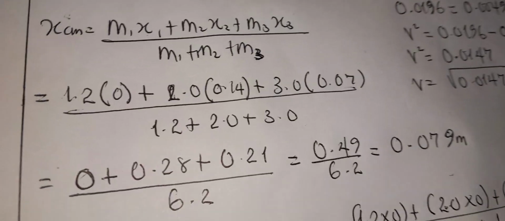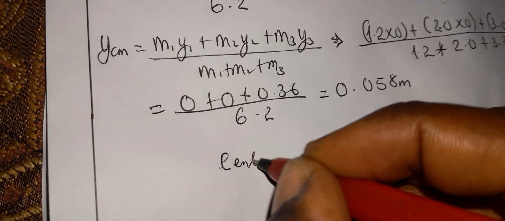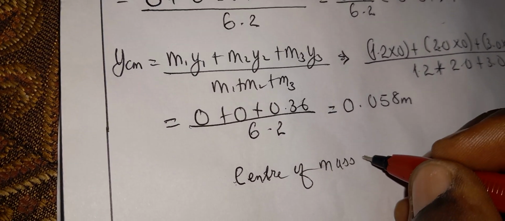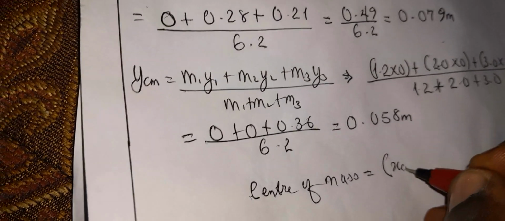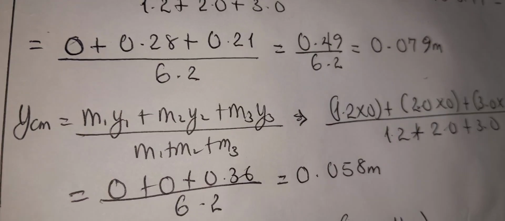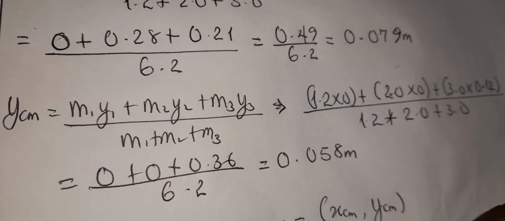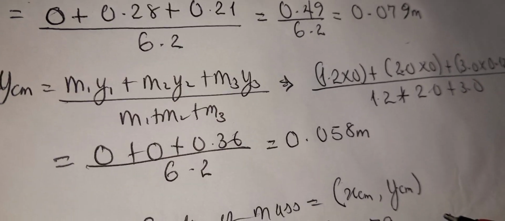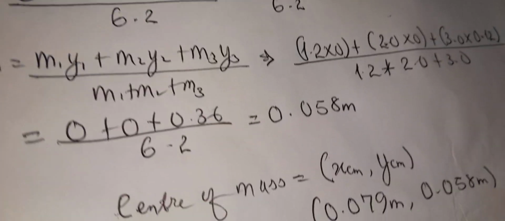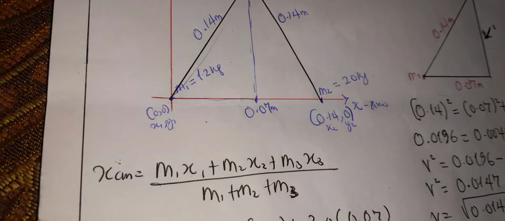So it means that the center of mass, the xcm, comma ycm, is 0.079, comma 0.058.